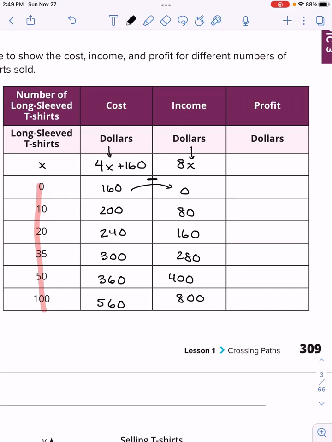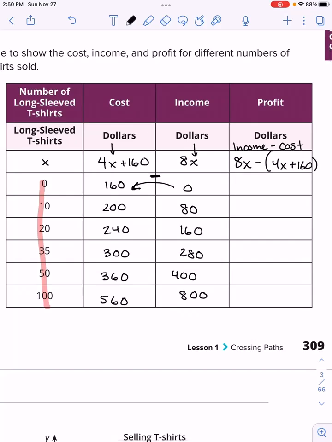So what this is here, it's represented as 8X minus the cost, which is 4X plus 160. So really what this is, it's the income that we make minus the cost. Okay, so we're actually going the other way. Sorry about that. I drew the arrow the opposite way.